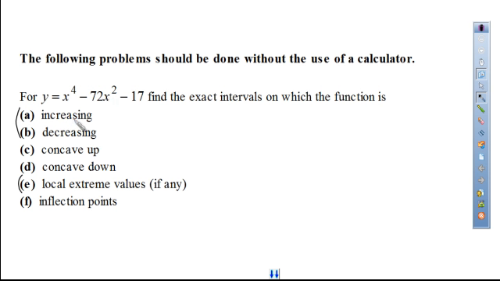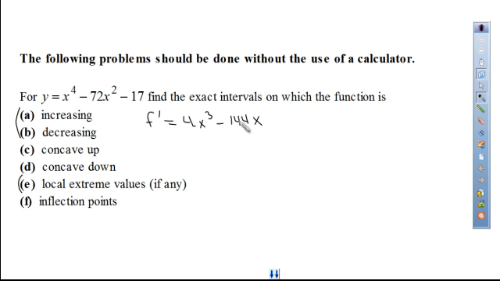So to find whether a function is increasing or decreasing, I have to find the first derivative. So my first derivative is going to be 4x to the third minus 144x, and the derivative of 17 is 0.